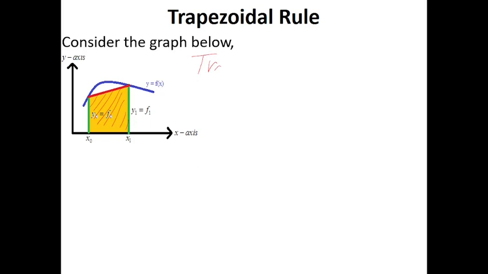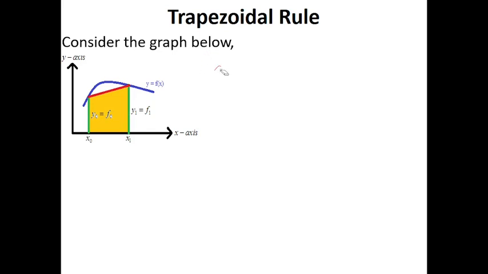In this case, we have the parallel sides, this side and this side. Okay, they are parallel, and the two remaining opposite sides are not parallel. So therefore this is a trapezoid.